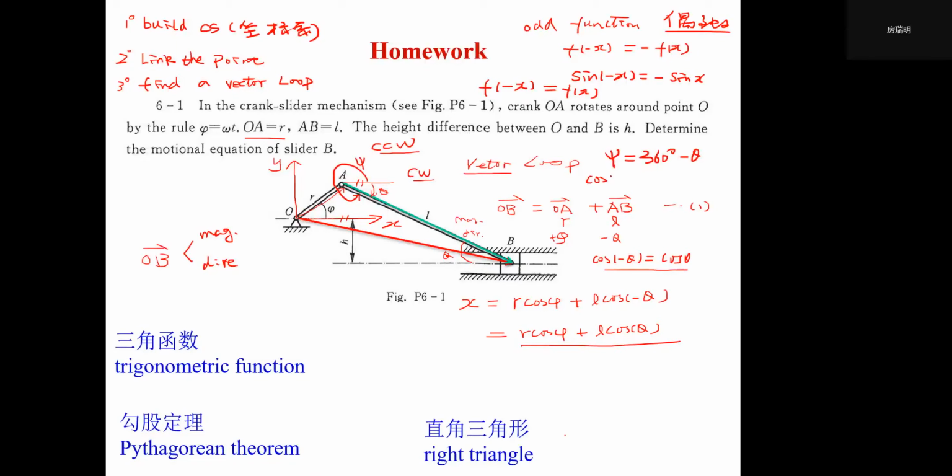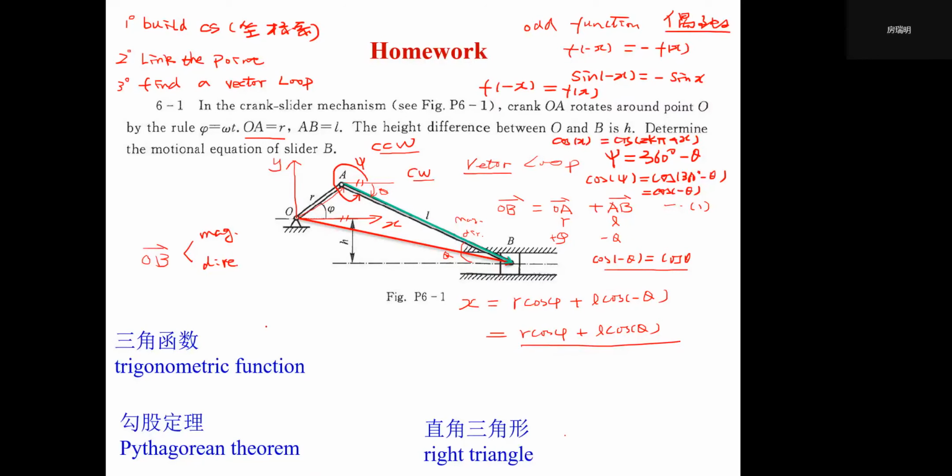So you can write cosine phi equals cosine of 360 degrees minus theta, right? But this cosine function is a periodical function, so this one just equals cosine of minus theta, because cosine x will always equal cosine of 2 times k times pi plus x, because 2 times pi is the period.